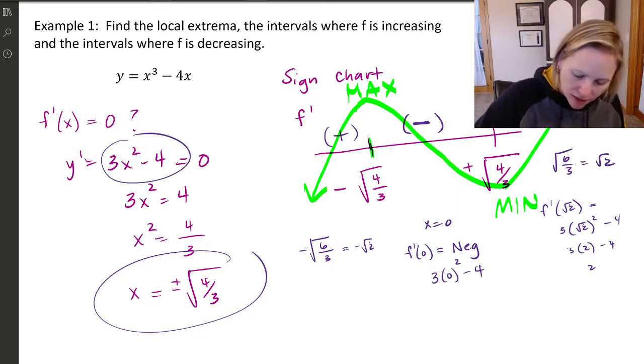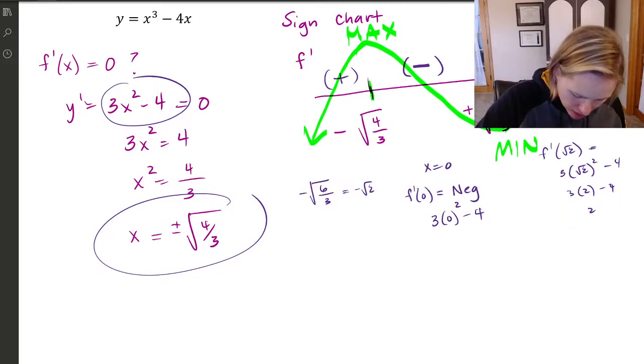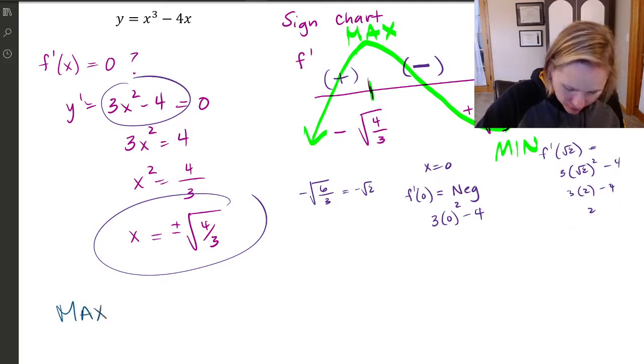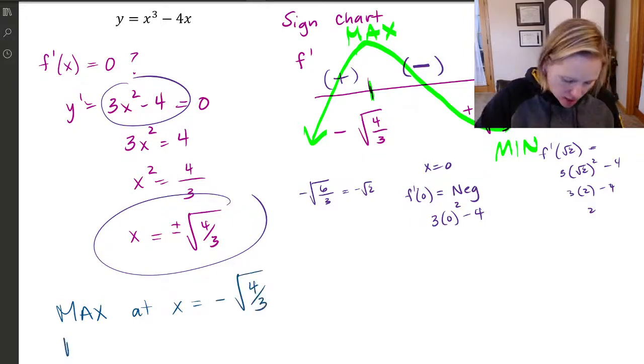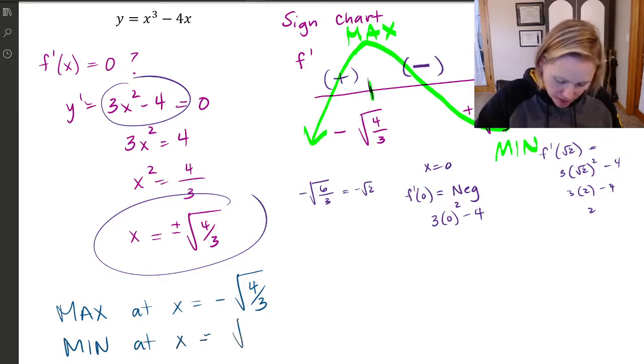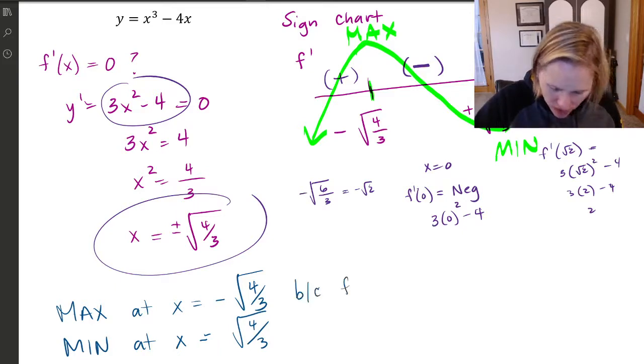So let's go ahead and sum it up. So I know I have a max at x equals negative square root of 4/3. I know I have a min at x equals positive square root of 4/3. And I know that because I have a sign change, because f prime equals 0.